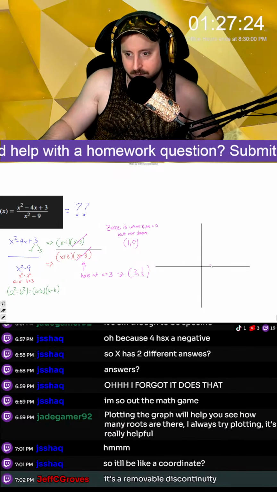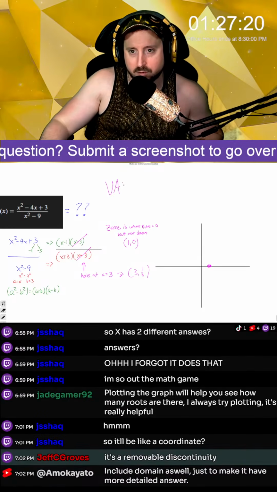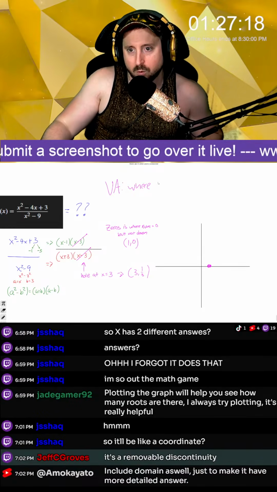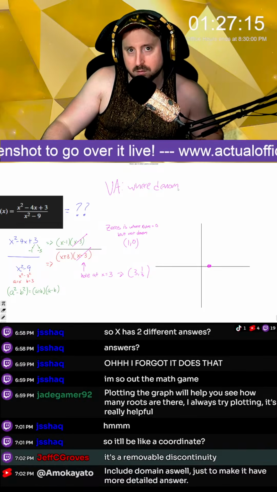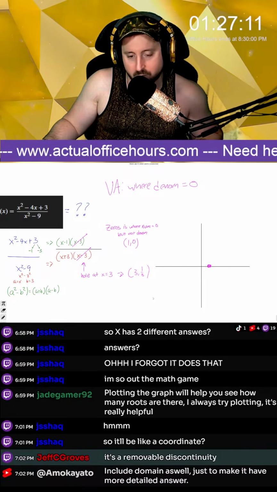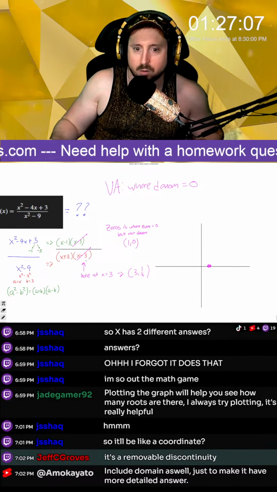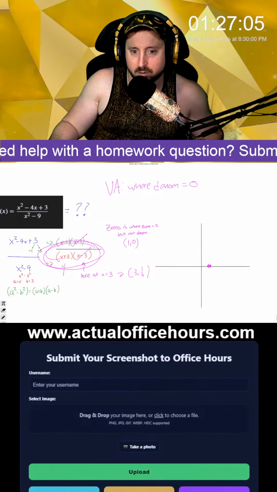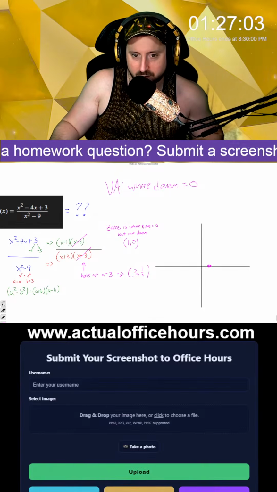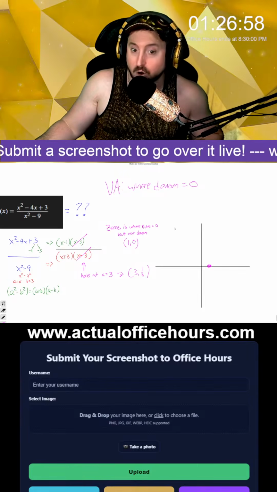So you could graph the 0. So 1, 0 is definitely something, right? Vertical asymptotes occur where the denominator is equal to 0. Yes, let's include the domain as well. You're totally right. So the denominator is equal to 0 when x equals -3, right? So the graph doesn't start at 3.